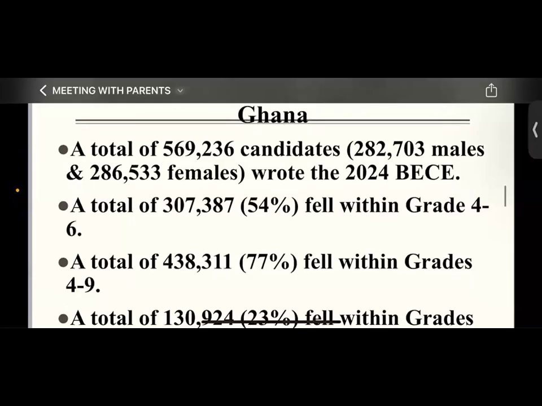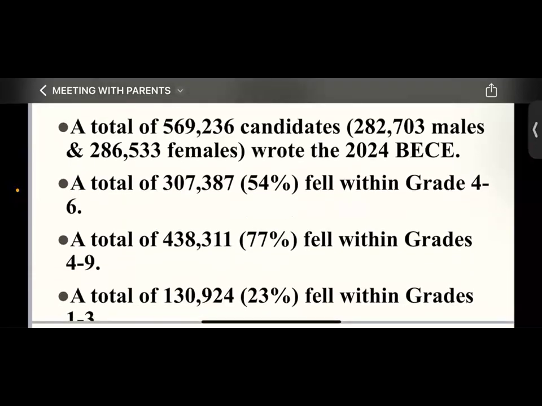So going by the Stanine I mentioned, a total of 307,387, going by the bell curve, are to fall within grades 4 to 6. We've not even added 7, 8, and 9. So even before they write a particular subject like English, of that total number of 569,236, 54% of them are expected to fall within grades 4, 5, and 6.